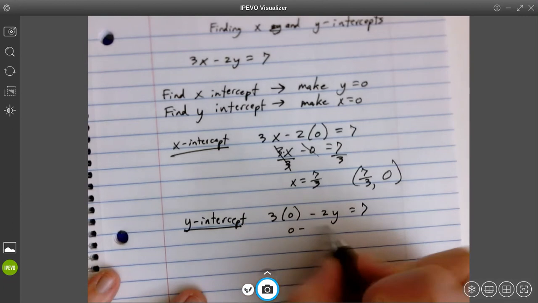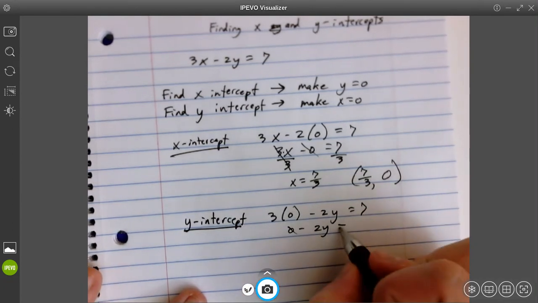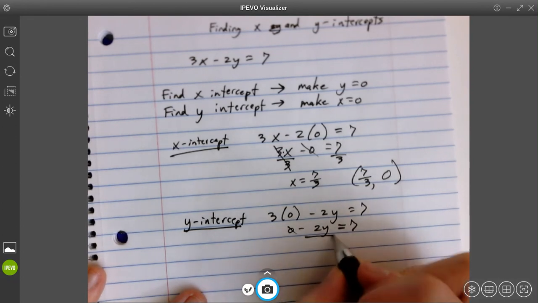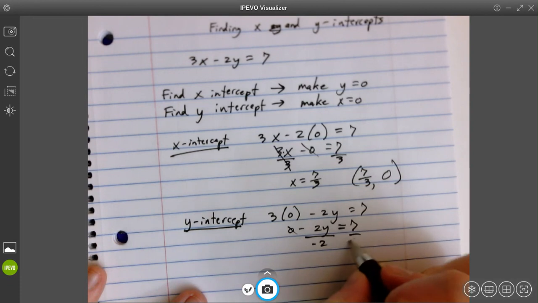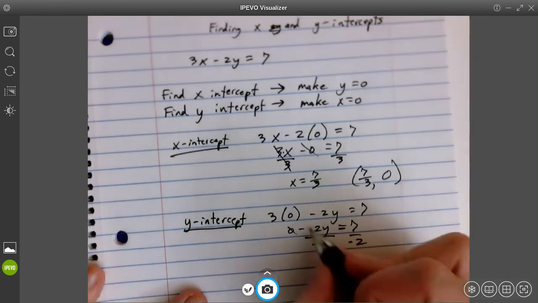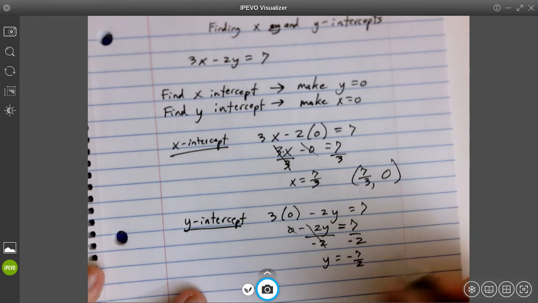So 0 minus 2y, you can just get rid of that 0, so it's negative 2y equals 7 divided by negative 2. Remember, this is negative 2 times y. So dividing gives you 1 times y, which is just y. Negative 7 over 2. So you get 0, negative 7 over 2.